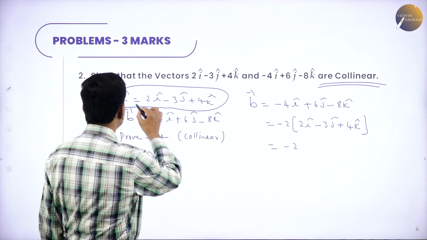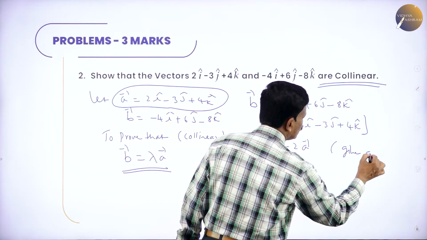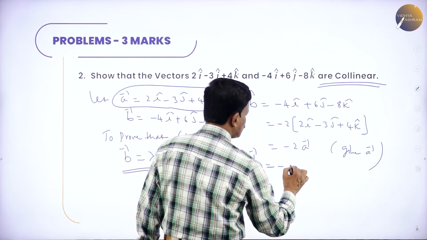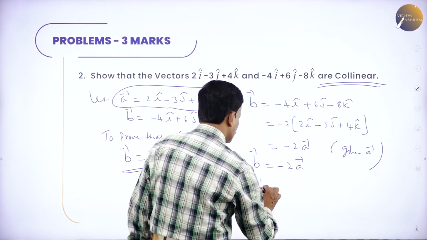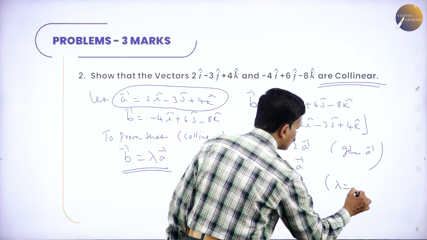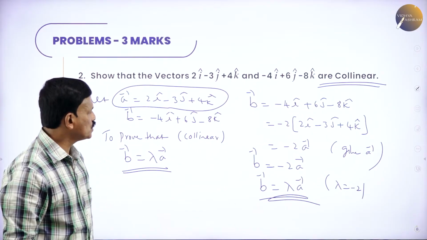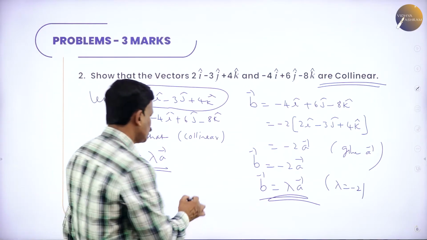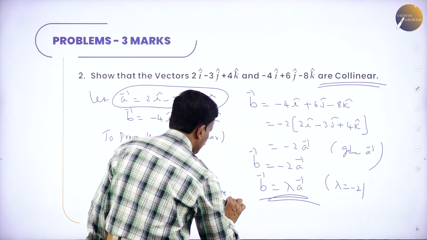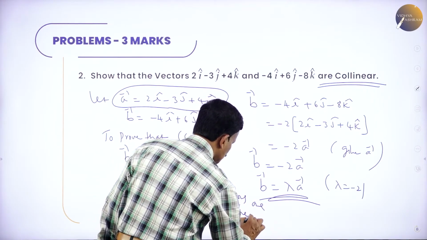If I observe carefully, 2i minus 3j plus 4k is nothing but the given vector A. So B is equal to minus 2 times A, that is B is equal to lambda times vector A, where lambda is equal to minus 2. Therefore the two vectors are collinear. That's it.